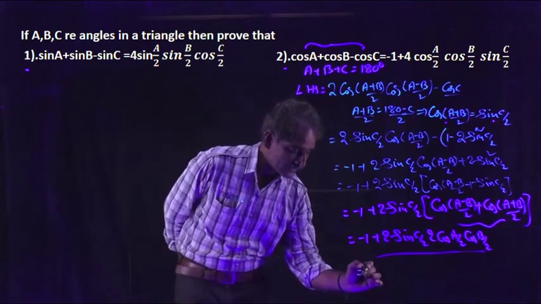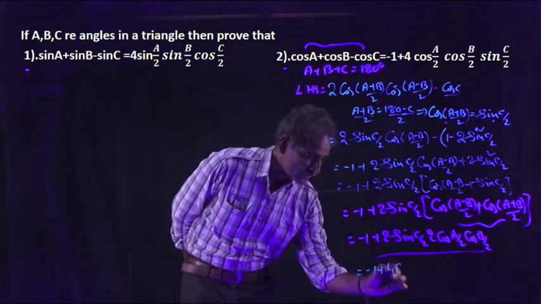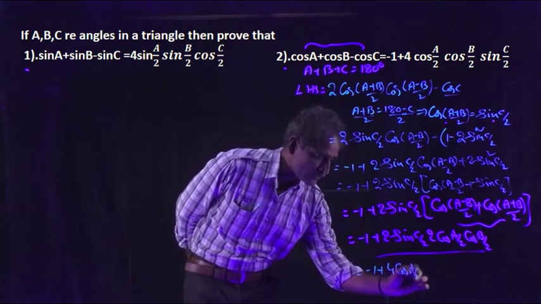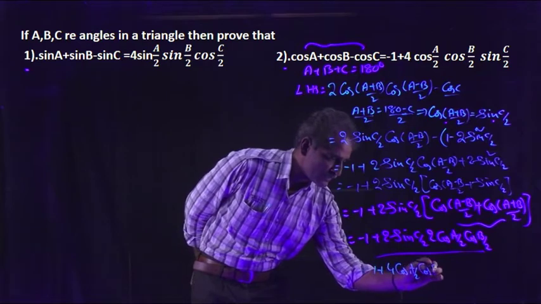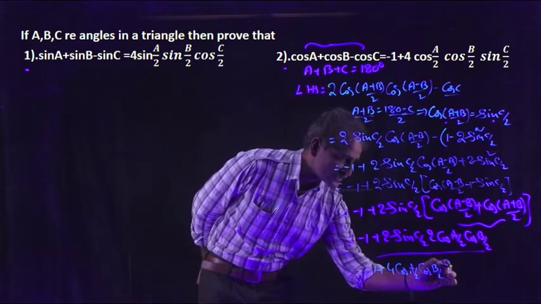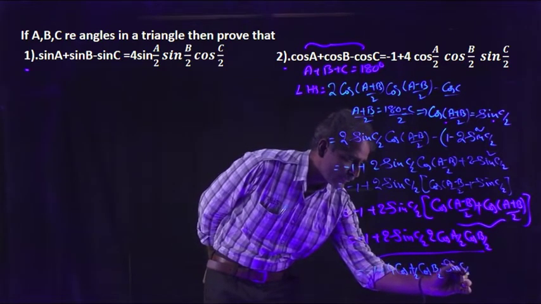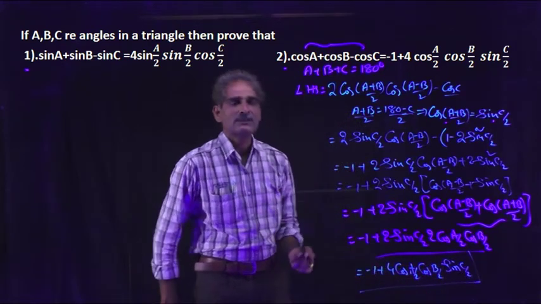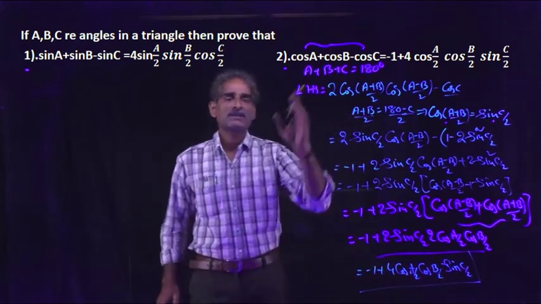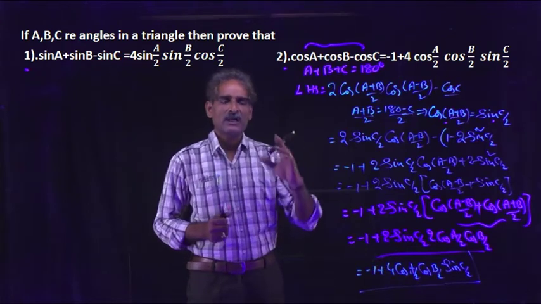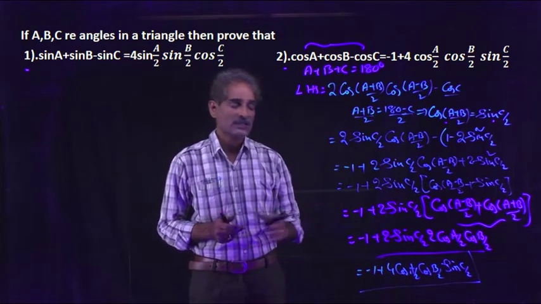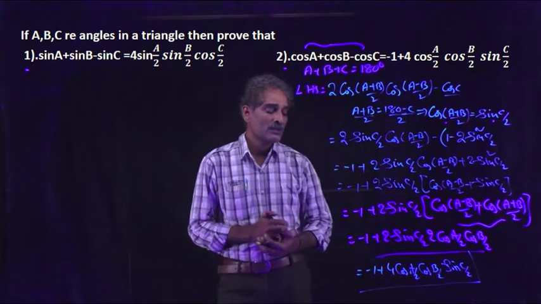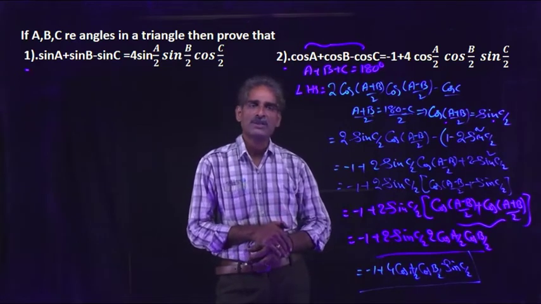Here we can write minus 1 plus 4 cos(A/2) cos(B/2) sin(C/2). This is the required one. At the condition A+B+C = 180, cos A plus cos B minus cos C is equal to minus 1 plus 4 cos(A/2) cos(B/2) sin(C/2).